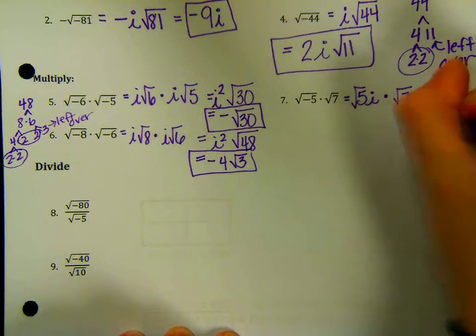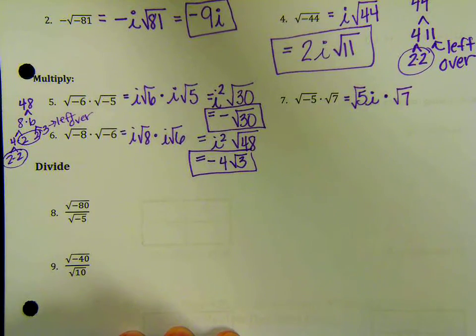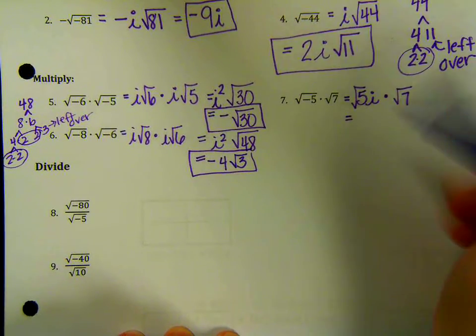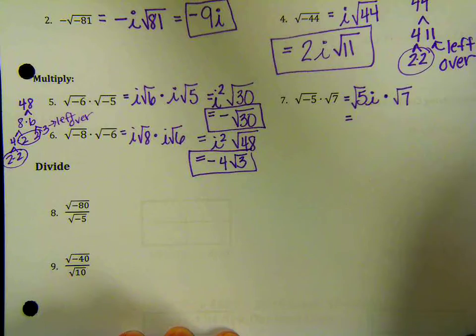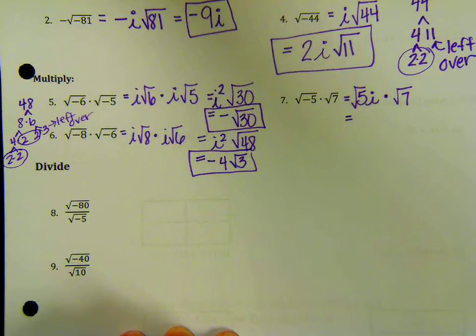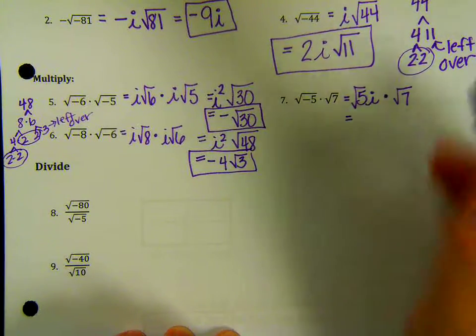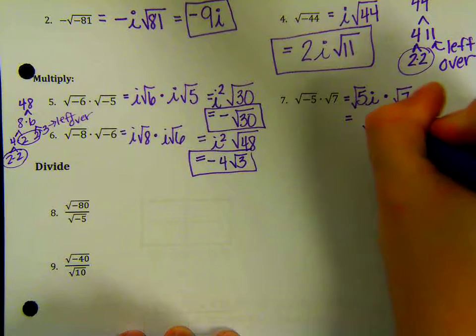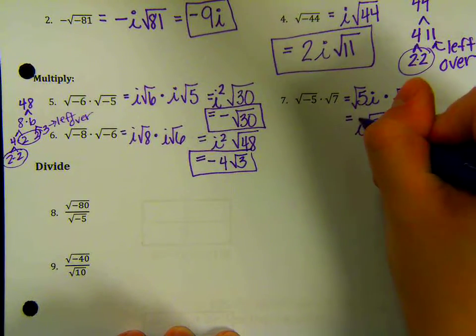And it doesn't matter if you put the i before it or after it. Usually you want to put it before it because it looks neater, but it doesn't matter what order you put it in. So we have square root of 5 times square root of 7 is square root of 35, and then we still have an i there. And I have an i in the end because I didn't have a negative and a negative in the other one.